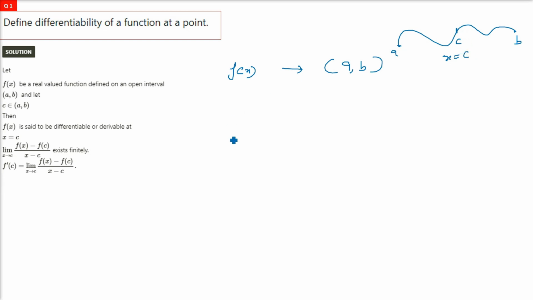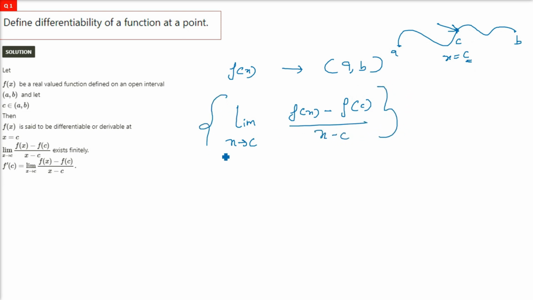Then at x equal to c, if f(x) is differentiable, or has a derivative at x equal to c, then limit x tends to c of [f(x) minus f(c)] divided by [x minus c].